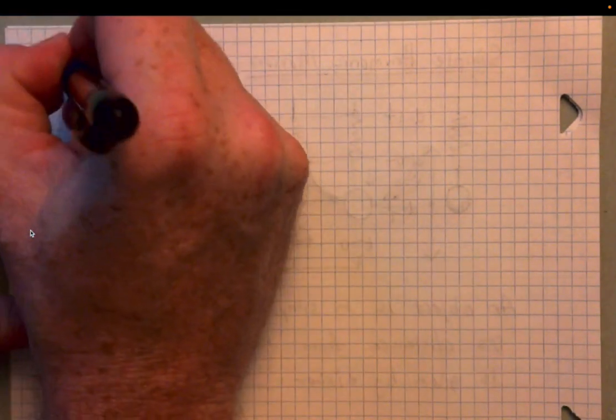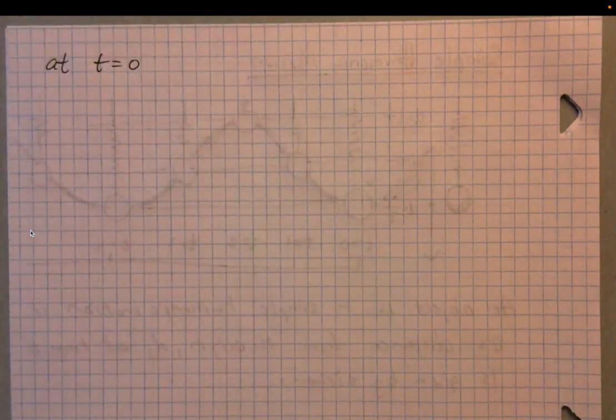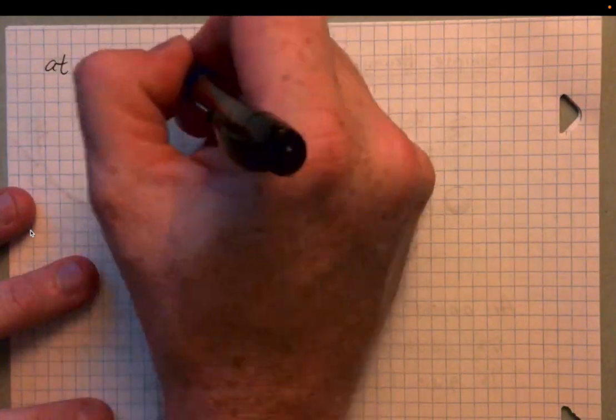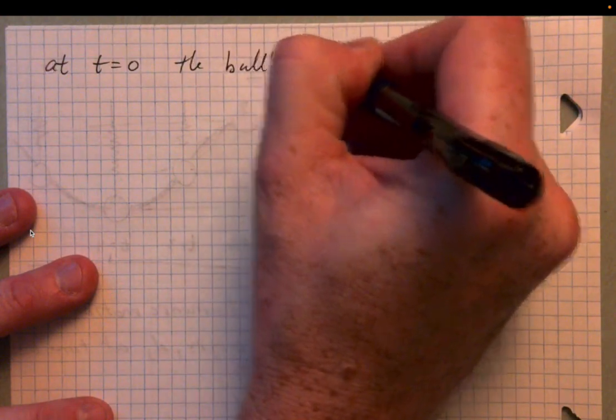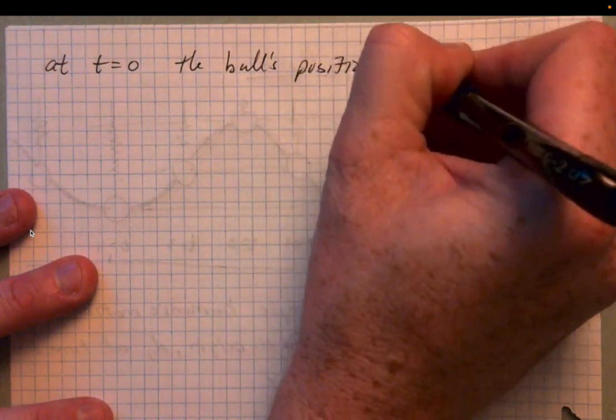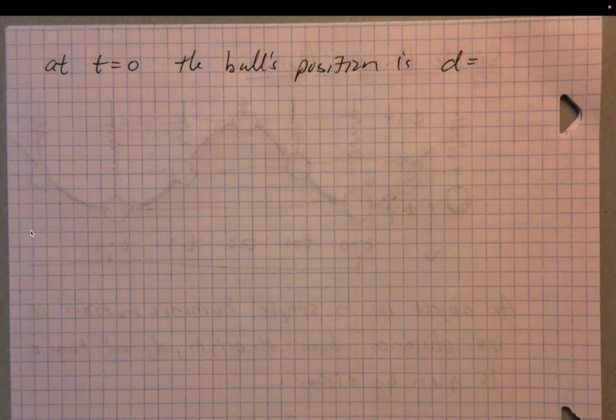Let's talk through what this needs to look like. What's the information that we're given? Well, we know at time 0, what's the position of the ball? At time equals 0, the ball is 4 units away from the resting position.